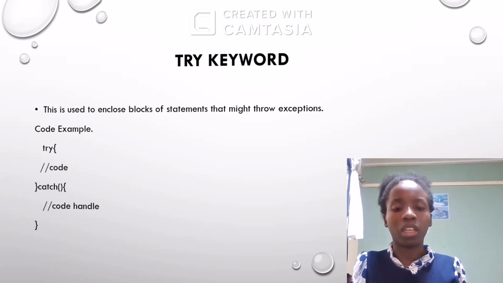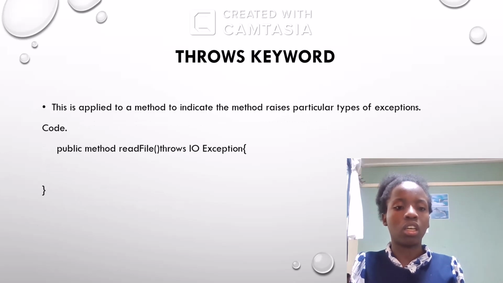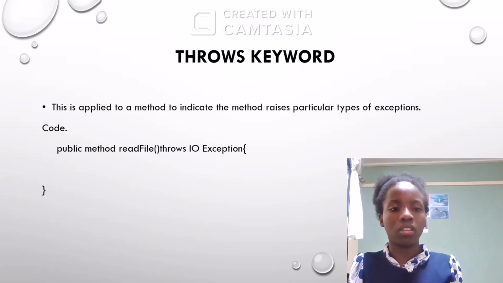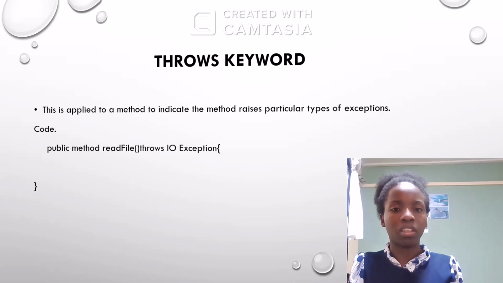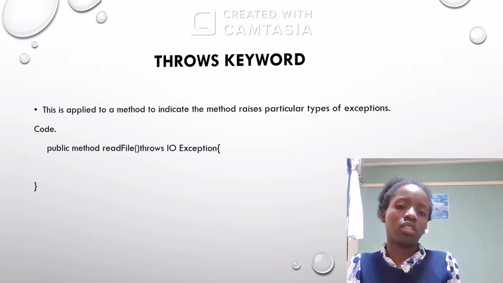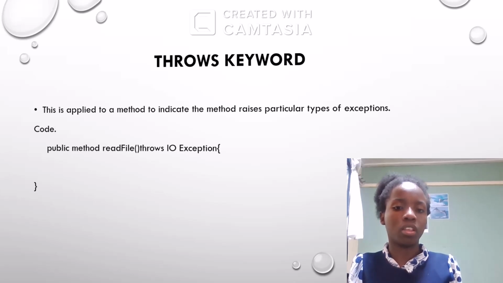This keyword may be applied to member variables of a class to indicate that the member variable should not be serialized when the containing class instance is serialized. Throws keyword. This is applied to a method to indicate the method raises particular types of exceptions. Then char keyword. This is also a Java primitive type. It is used to store a Unicode character.